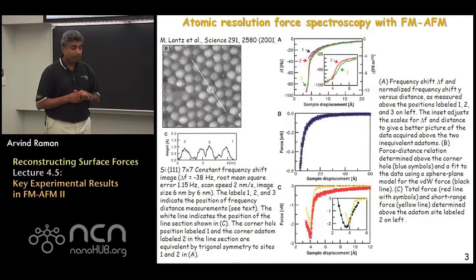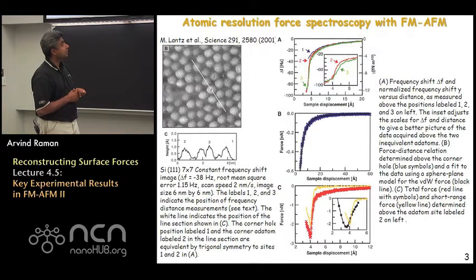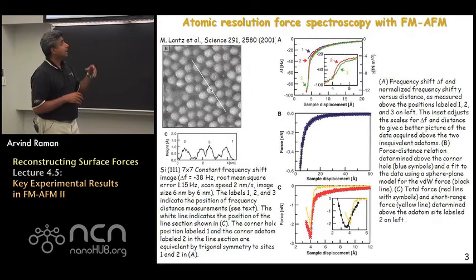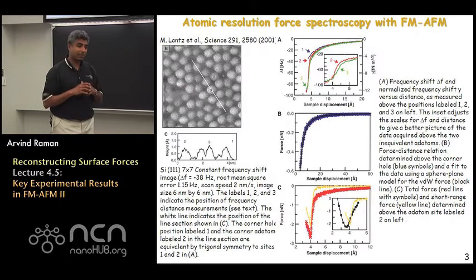If you look at where the number 1 is written, there's actually a hole. There's a defect in the sense that there's a silicon atom that's missing. And then there are two other adatoms next to it, number 2 and 3. So 2 would be a silicon atom which has a neighbor missing, and then 3 would be a normal atom on a surface which has 6 neighbors on the same plane.